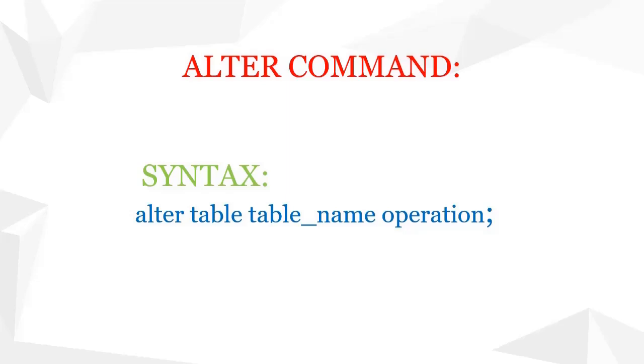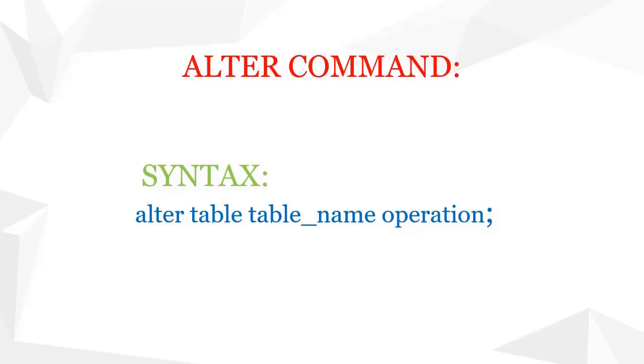Okay. The alter command is used to change the structure of your table which is pre-existing. Okay. If you want to change the structure of your existing table, we use the alter command. Okay. If you want to change your column name, or if you want to add a new column, if you want to provide constraint to the existing column, or any other operation, you use the alter command.